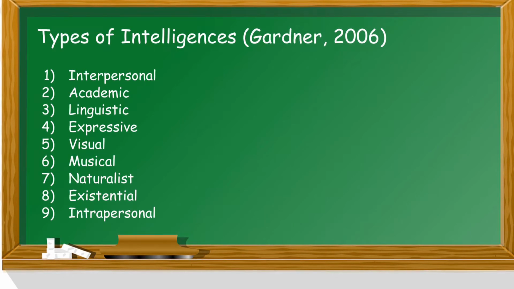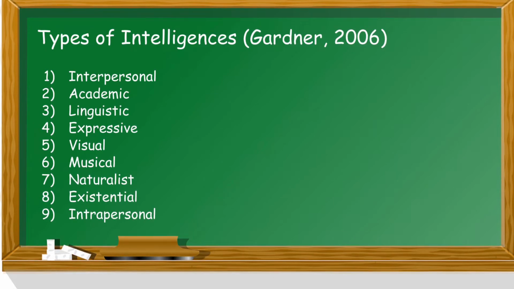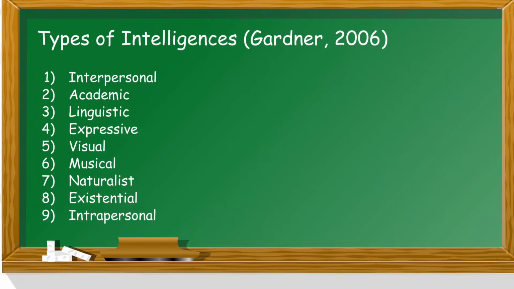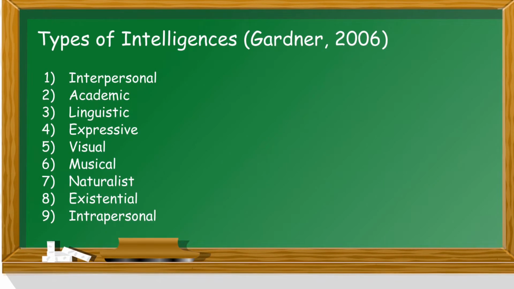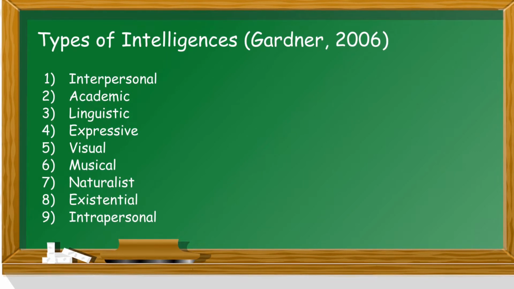There is linguistics intelligence, which shows how good they are at communicating, expressive intelligence, how well they are able to control their body motions. There's visual intelligence that shows how accurately they can comprehend a visual.